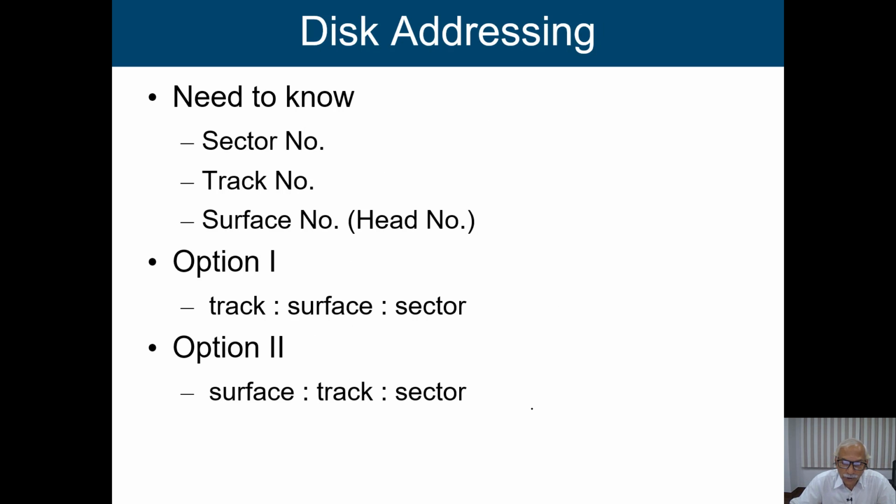Now how are we going to do the addressing? So you just see, to address it we have to know the sector number, we have to know the track number, and we have to know the surface number.